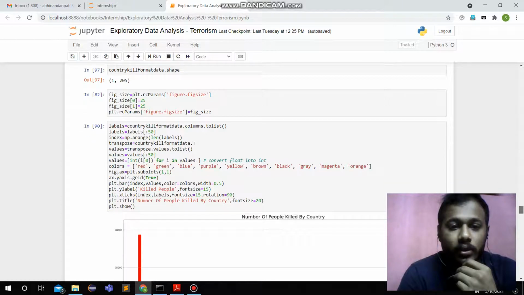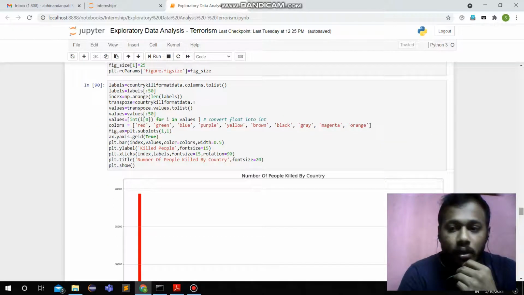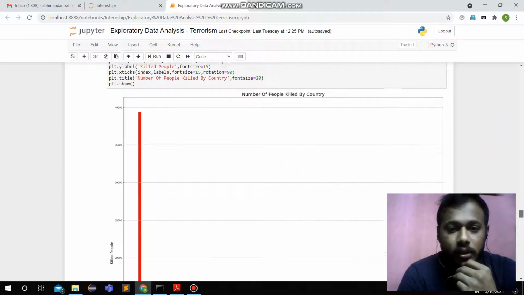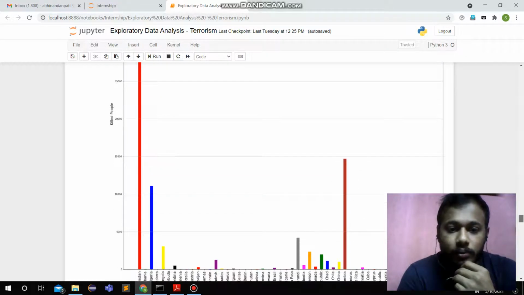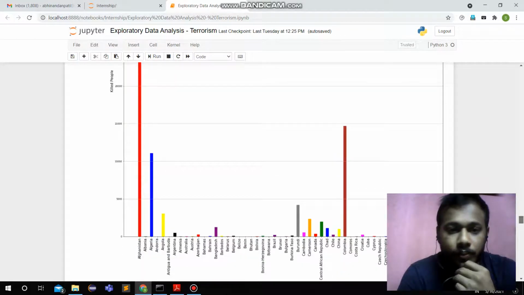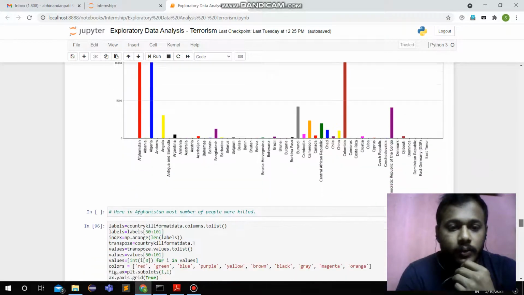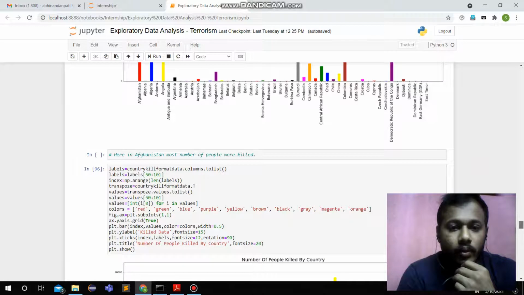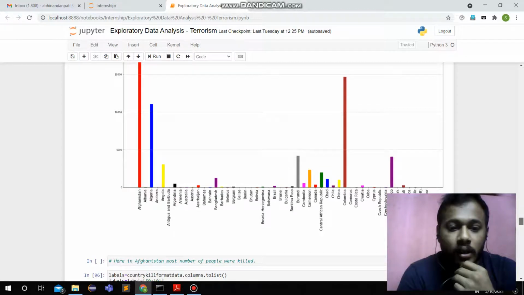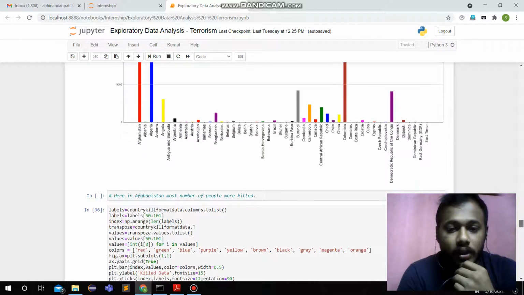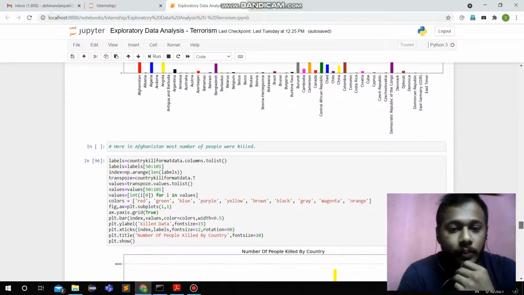First, I plotted the count plot for the first 50 countries. Here is the count plot for the first 50 countries. From this plot, it is clear that Afghanistan has the most people killed in terror attacks.